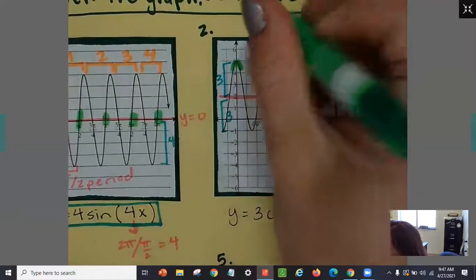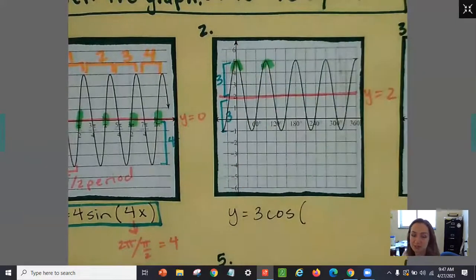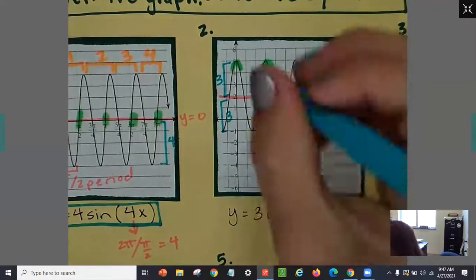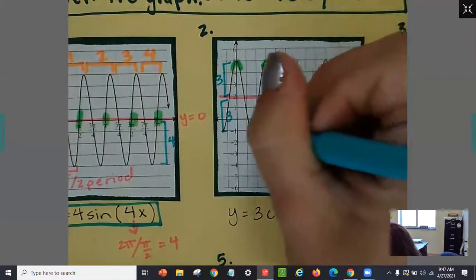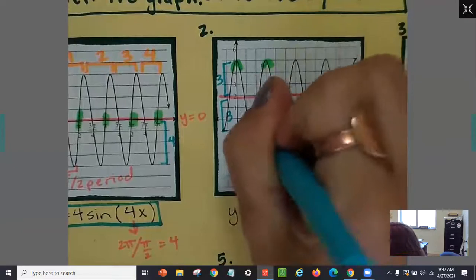All right, so here is where it gets back to its original position. And this is happening between 60 and 120. So that is going to be at, let's see, 90, I believe. Yes, 90 degrees.